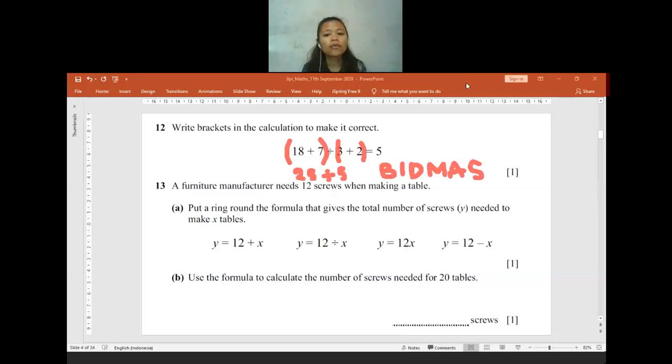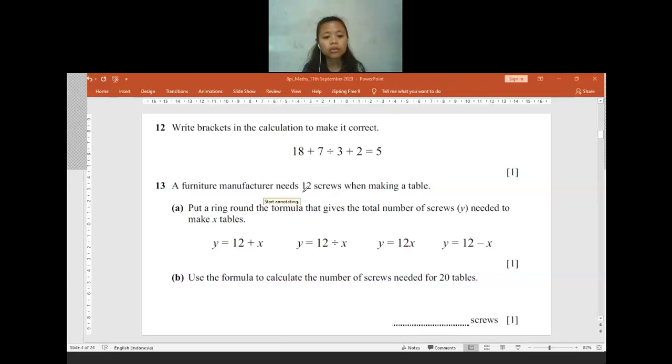For question 13, we have some sentences and we need to make an equation or expression based on the sentence given. For question 13a, a furniture maker needs 12 screws to make a table.